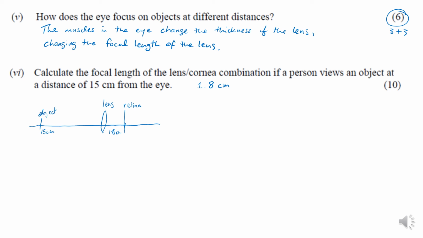Okay, so the retina refers to where the image is. So this information gives me, 15 centimeters is the distance of the object to the lens, that is U. 1.8 centimeters is the distance from the lens to the image, that will be V, and we're asked to find out what F is. So this is a job for the lens formula.